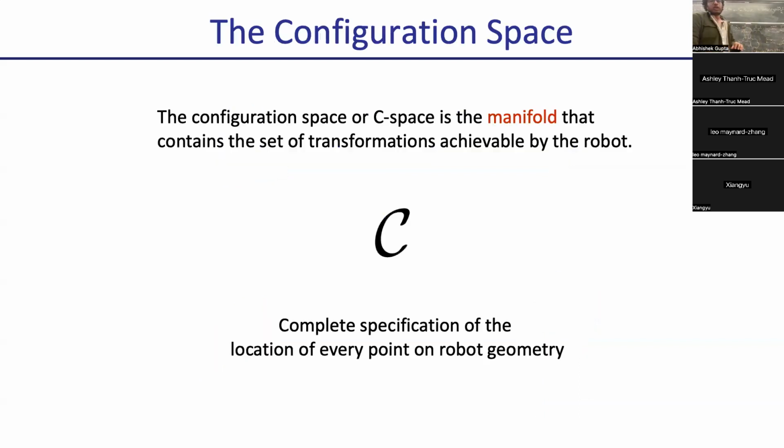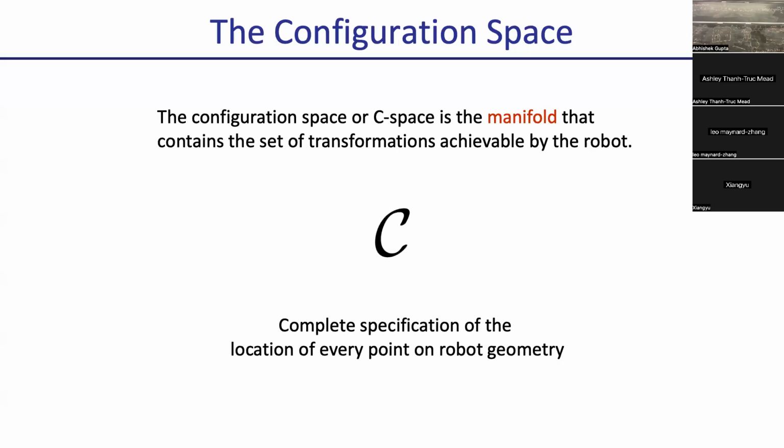So to do that, we're going to introduce the idea of a configuration space, usually denoted by C. It's a manifold which contains the set of all transformations that are achievable by a robot. We'll go into detail for each of these systems, but abstractly, every point in the configuration space represents one configuration of the robot.